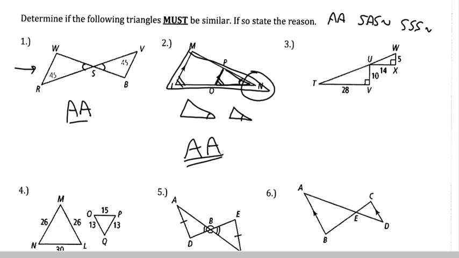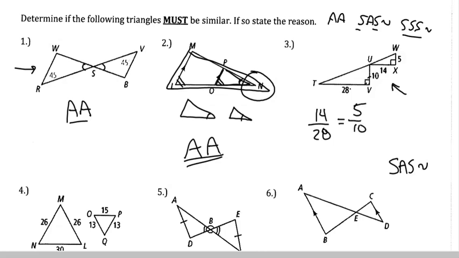Now let me go ahead and show you what I mean by the proportion aspect of the S's in these. So this one has sides and an angle between them. So it is kind of in the running for SAS of similarity. But what we have to do is look for the proportionality aspect. We know that right angles are congruent, so we have the A part. Now let's look at, is 14 over 28 equal to 5 over 10?